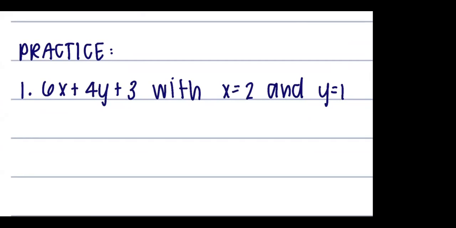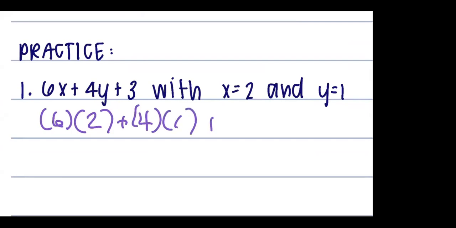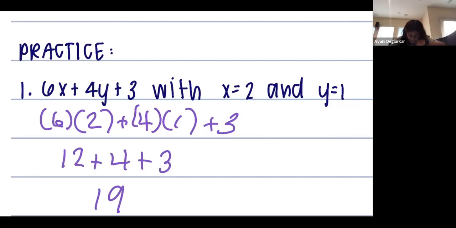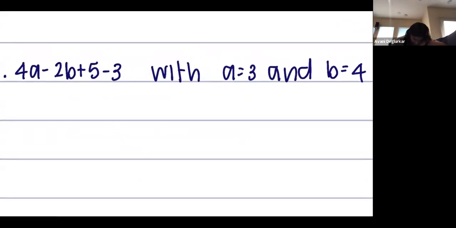And so we can do 6 times 2, and then 4 times 1, and then plus 3, and so that would be 12 plus 4 plus 3, and then we get 19. Yep, good job.